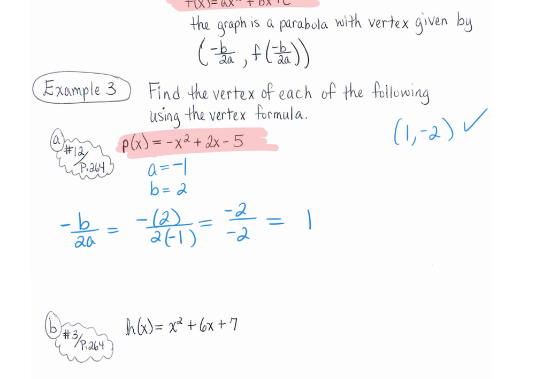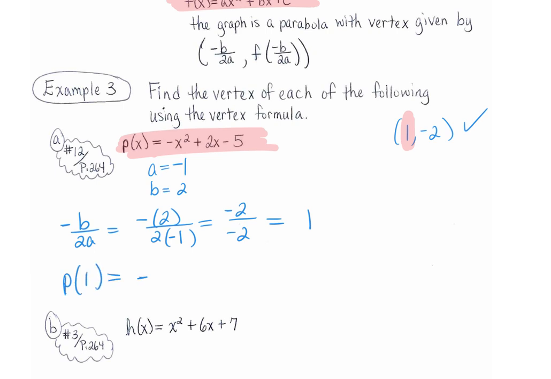So far, what you proposed for our vertex, the x coordinate is correct. Now we need to substitute 1 into our p of x, where x is equal to 1. So we need to find p of 1.